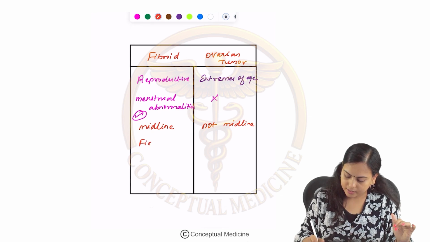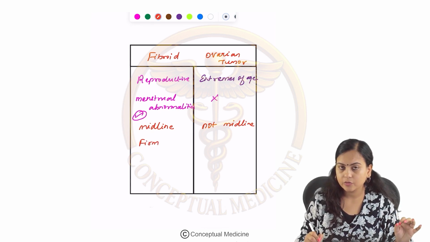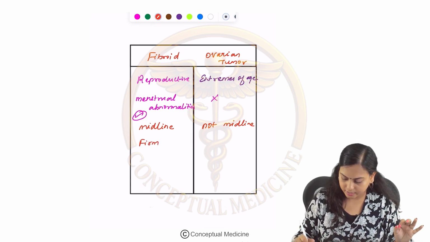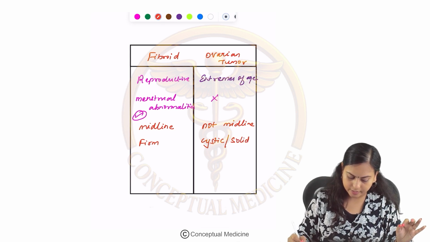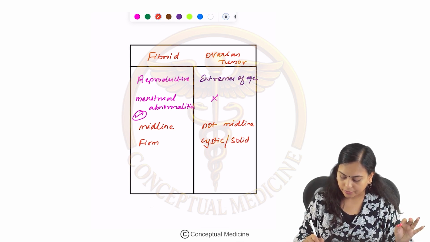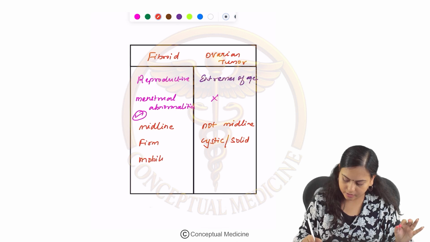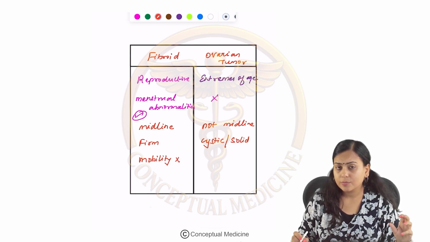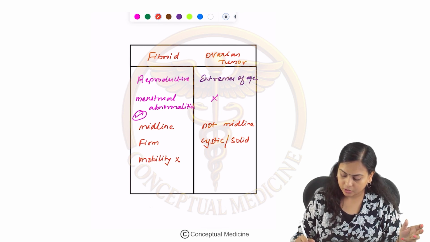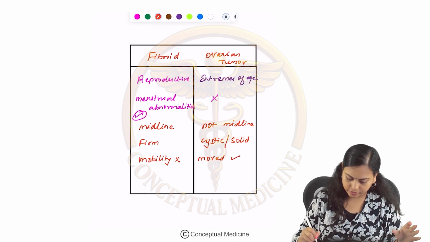And the consistency of fibroid is firm. Okay, F or F. So, firm consistency. And I already told you, ovarian tumor can be cystic or solid in consistency. And with fibroid, the mobility is not seen. Whereas in case of ovarian tumor, it will be movable in all directions. Yes, it is moved in all directions, right?